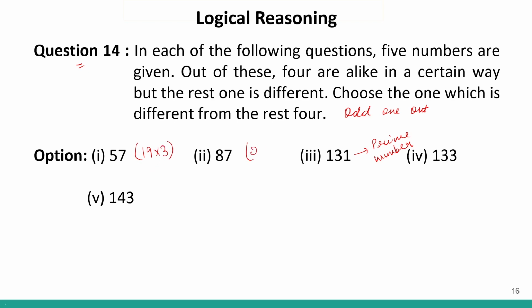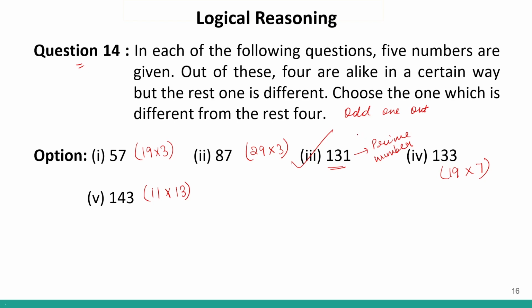Similarly, 87 is 29 into 3. 133 is 19 into 7. And 143 is 11 into 13. So each of these numbers have two prime factors. Okay, but over here 131 does not have any factors. Therefore, option number 3, 131 is the odd one out because this is a prime number.